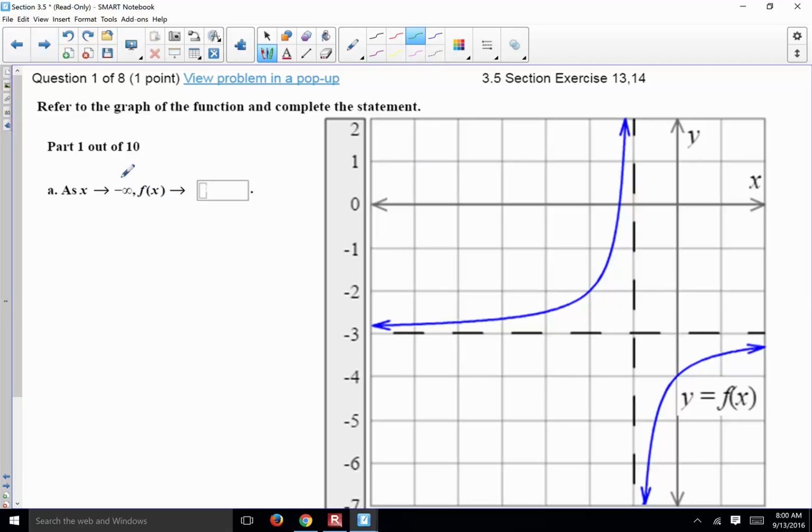What does this mean? Can anyone translate this into English? x arrow negative infinity. What does that mean? Like the left side. Yeah. Negative infinity means negative huge numbers, and x's are happening to be negative huge numbers. So x is here, like -1, -2, -4, -1 million.